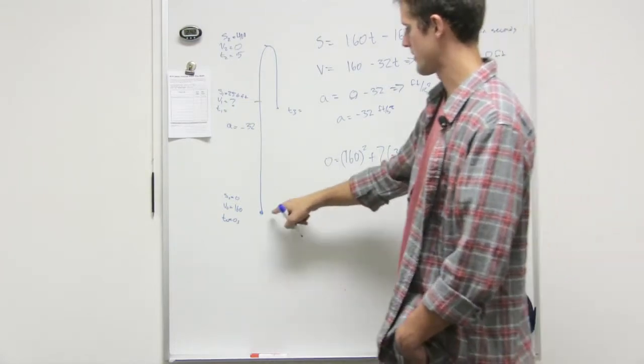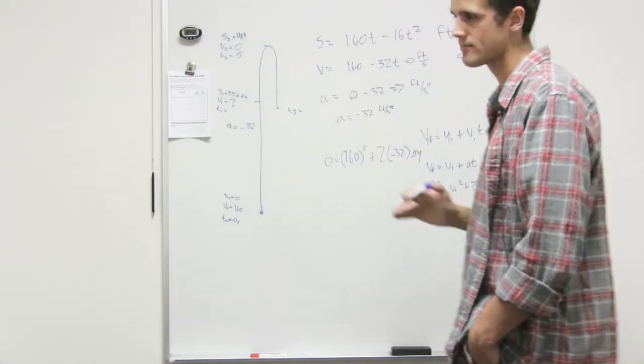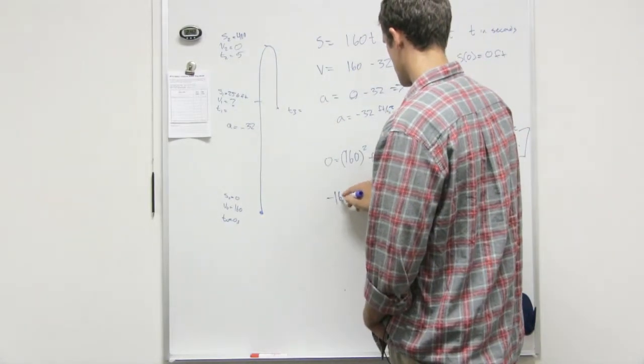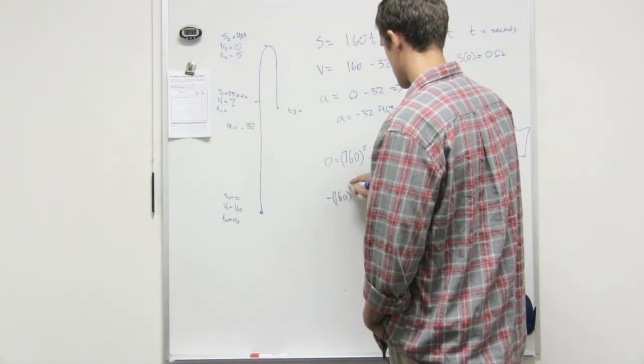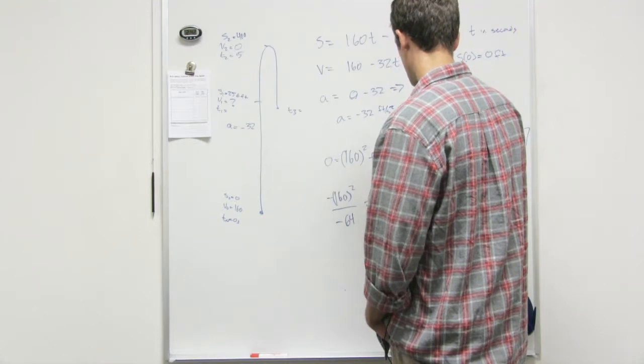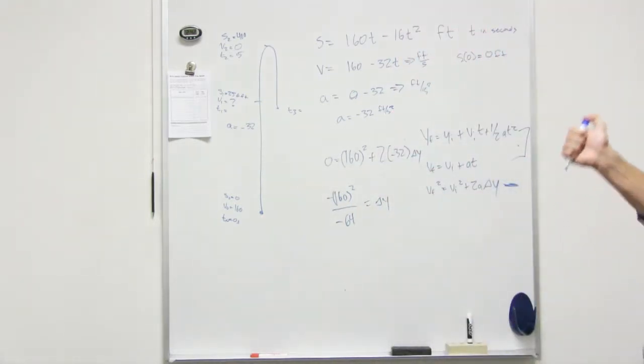Well, the change in y from this point to this point will give us your total height, right? Mm-hmm. So what is this going to end up being? Negative 160 squared over negative 64 equals change in y.